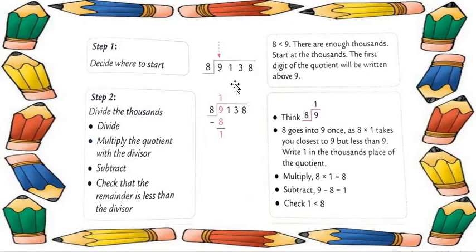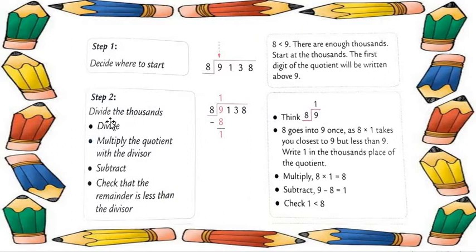So 1 digit, is this possible? So we take 1 digit, and if this is not possible with 1 digit, then we take 2 digits. Understood? So that point is called deciding where to start.